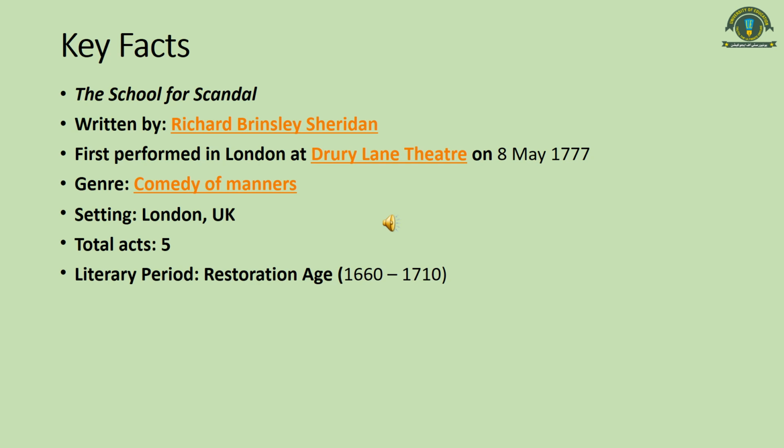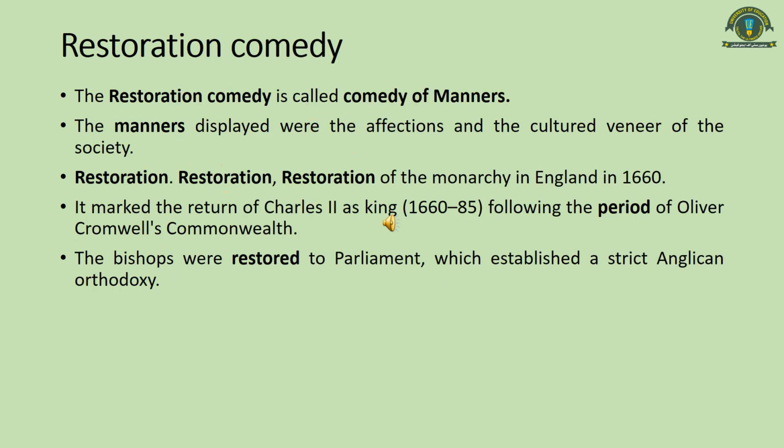So we have the major subject for discussion: why do women need gossip in their daily life? We will have a clear example of this in Act 1, Scene 1, when Mrs. Candour converses with Maria. Now we are going to talk about whether there is any difference between a restoration comedy and a comedy of manners.